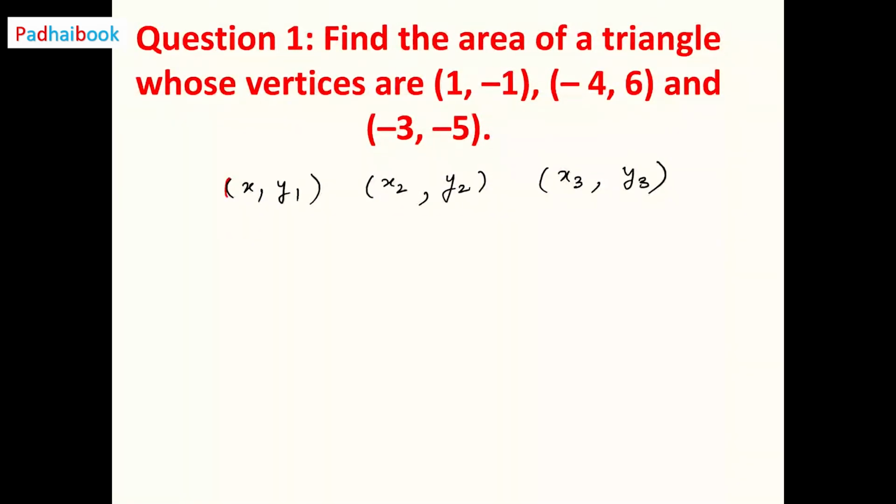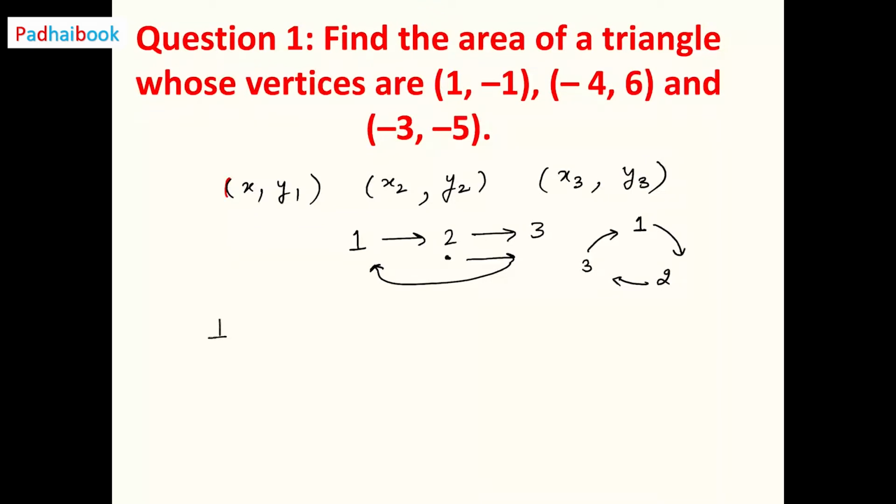Now remember, we have to go in order. First I will take 1, then I will go to 2, and then I will go to 3. That means if I start from 2, my next will be 3, and then I will come back to 1. But this order remains the same: 1, then 2, and then 3, and then again back to 1. This is the order.